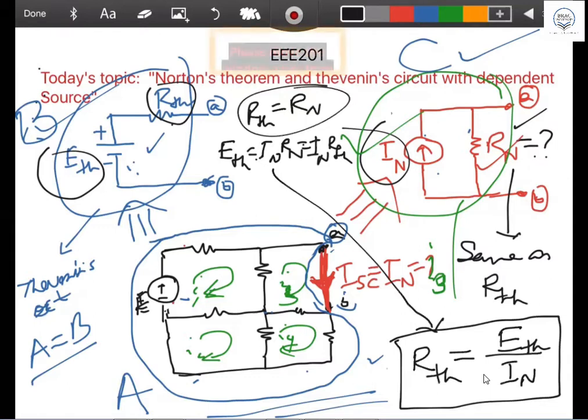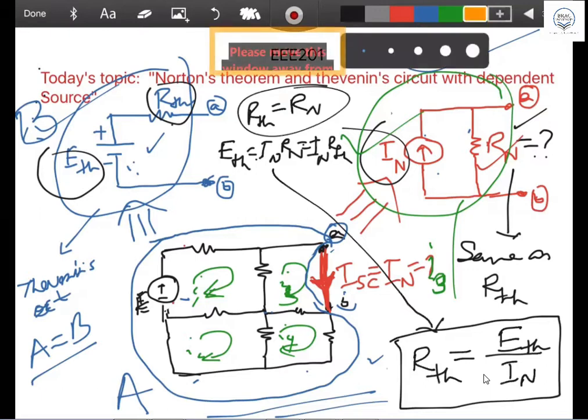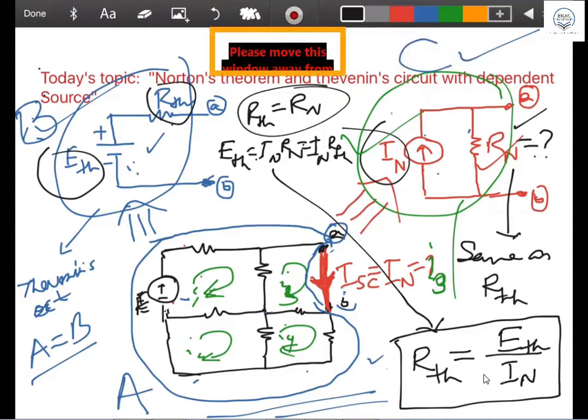You can see here on the top, what is written? Look at it. Thevenin's, the second part. Can any of you read what is written in the second part? Thevenin circuit with dependent source. Good. So this part we are going to solve.